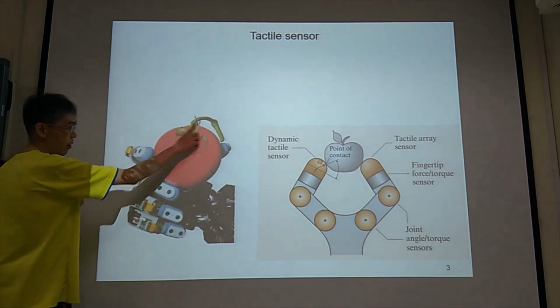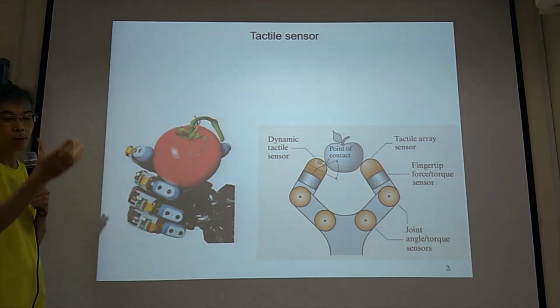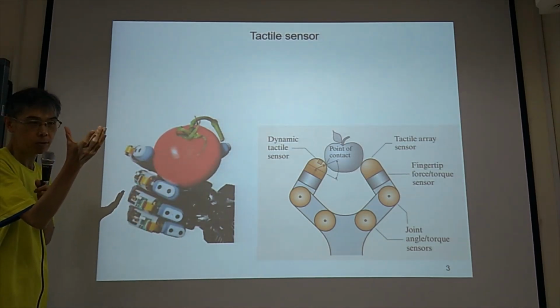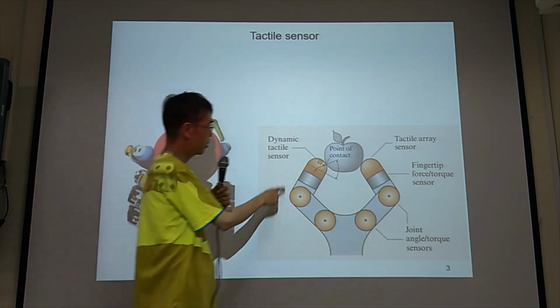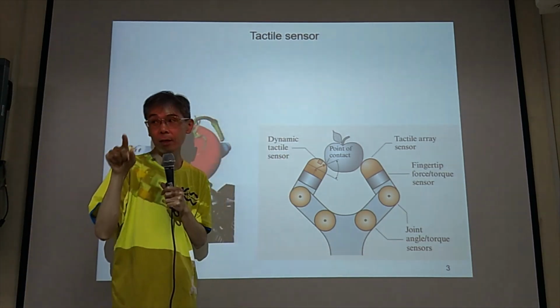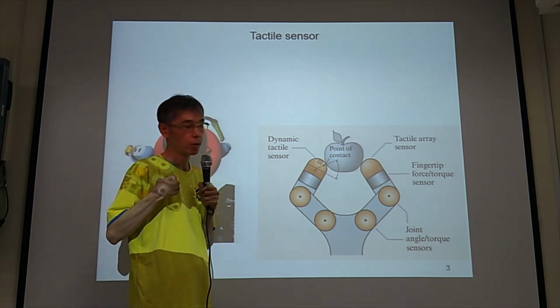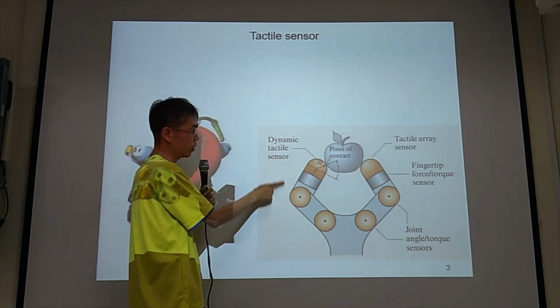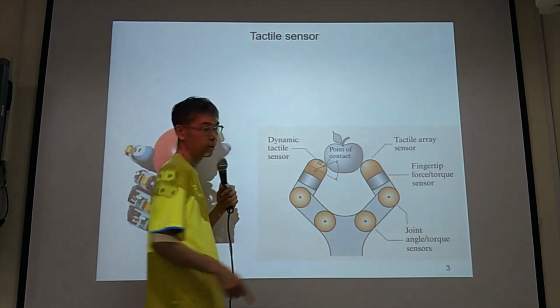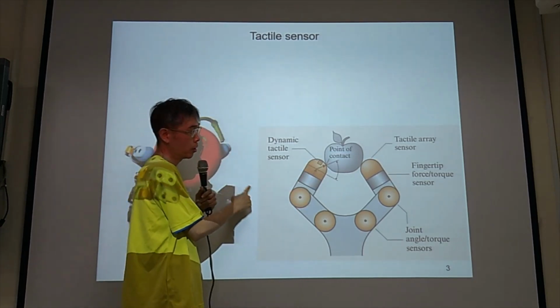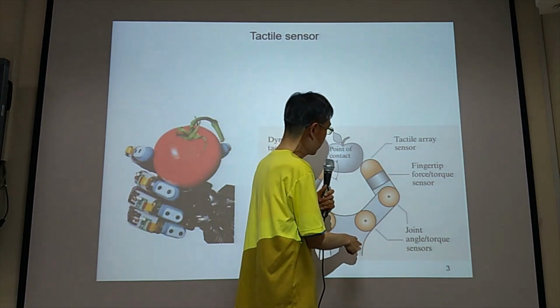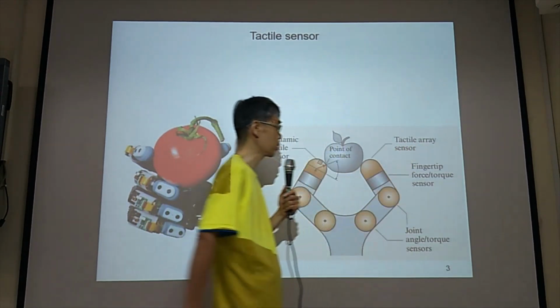We have a tomato. So I want to feel the tomato. Then we need to have tactile sensor, which means touch sensor. Touch sensor. Tactile sensor. Contact. No contact. Contact. Okay, touch. Then we need to have tactile array sensor.